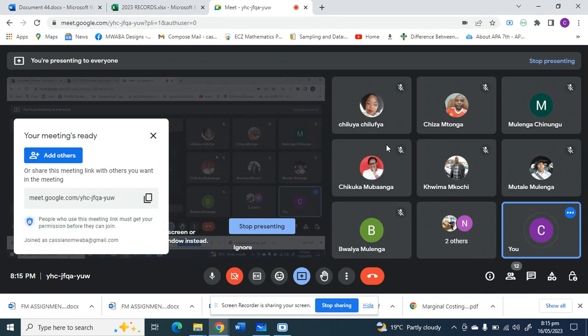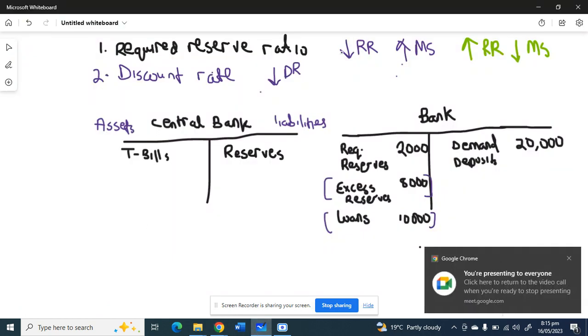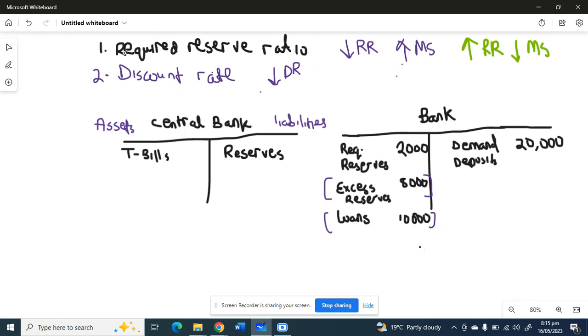So if the central bank lowers the discount rate, commercial banks can borrow more, they can loan out more, and businesses and people will borrow more, which will increase the money supply.